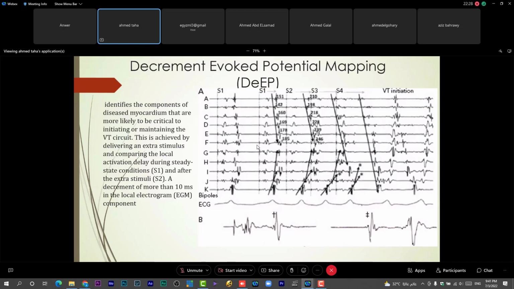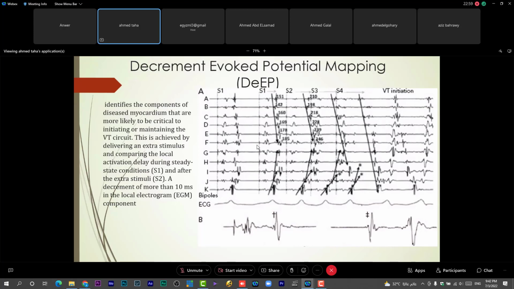For example, you do a train and then extra stimulation with a shorter interval, and you find this EGM or late potential. If it is getting later, about 10 milliseconds more, these may be very good points for ablation and targets for better ablation, because, as in the isthmus, they are getting slow conduction or functional block during pacing that can induce the tachycardia in the late zone, as we are doing here.